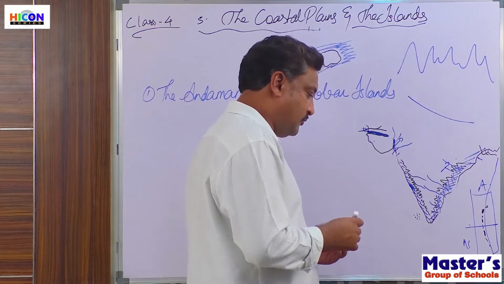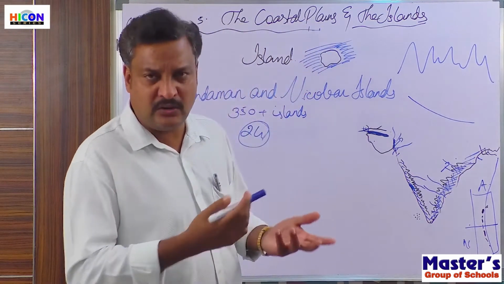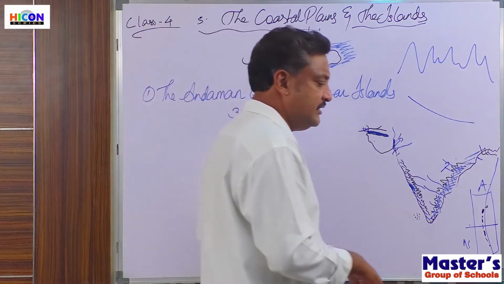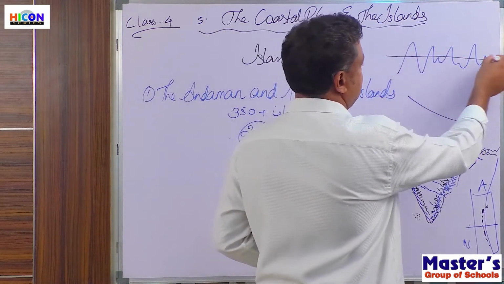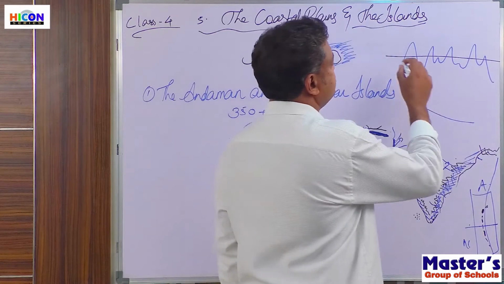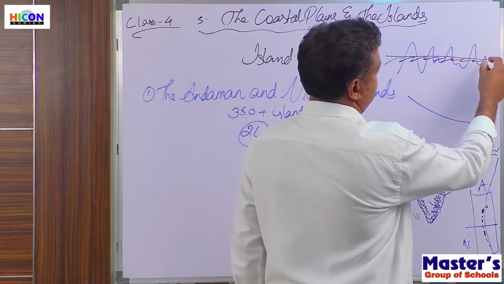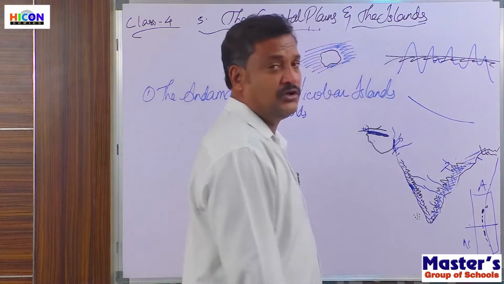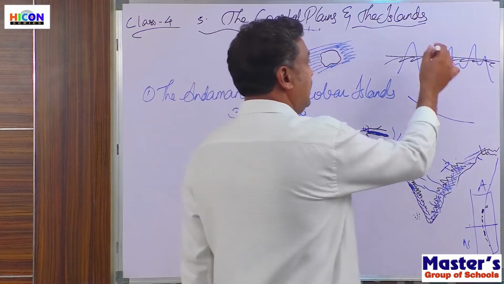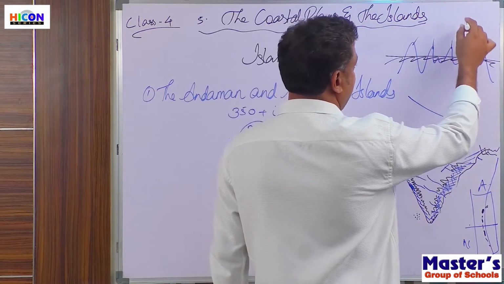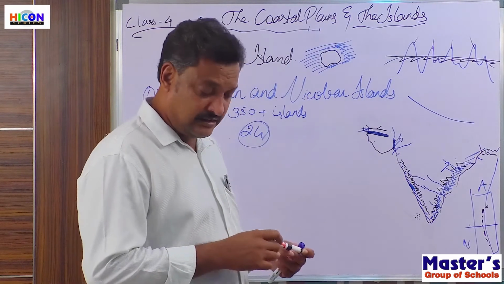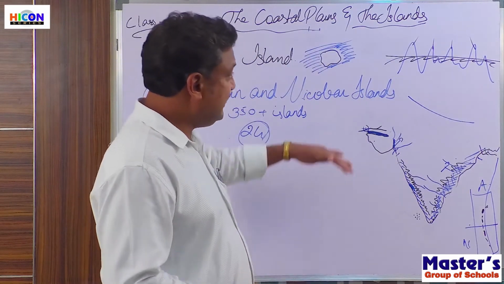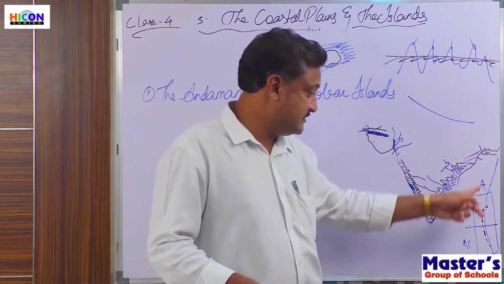Once what happened is, due to some earthquake or something, we don't know exactly, this got submerged in the water. And now what we see, what we call the Andaman and Nicobar Islands, are nothing else but the peaks of some of the mountains in this range.